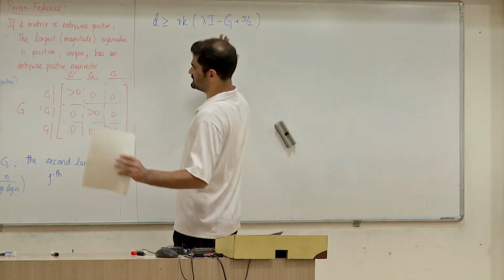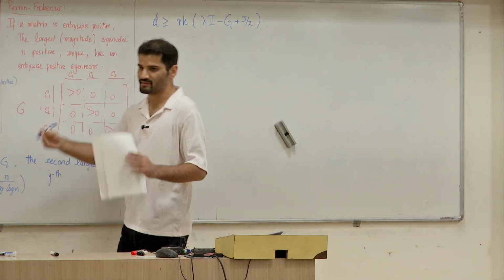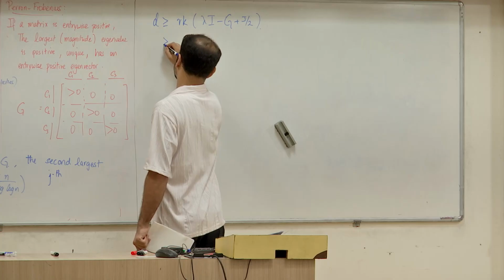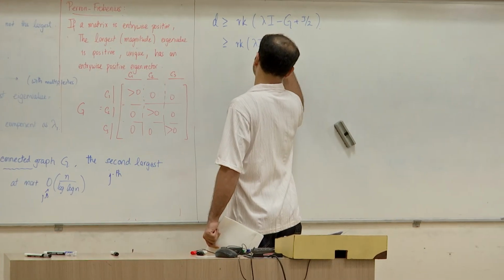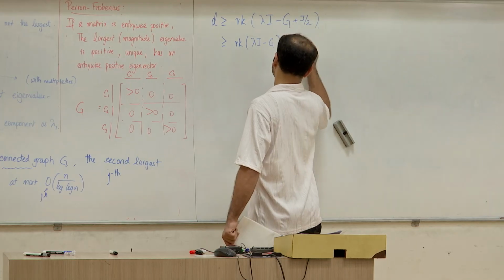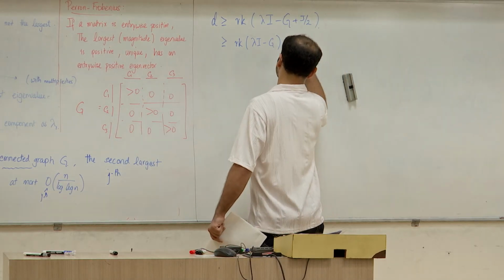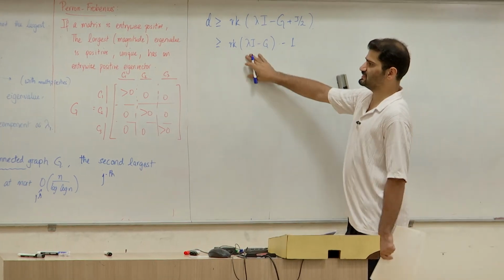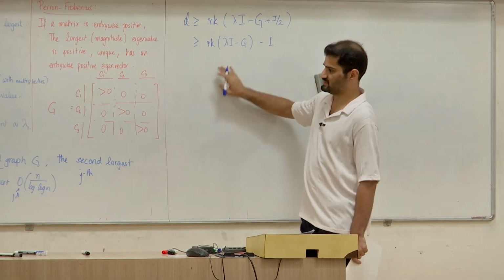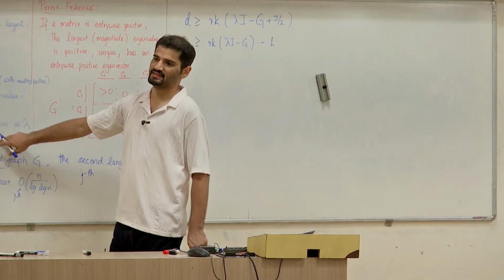This is a rank 1 matrix. This time I'm anyway going to lose this, so I might as well lose a 1. So I'm losing the 1. This is the second largest eigenvalue. It is a connected graph because it's in the same component.